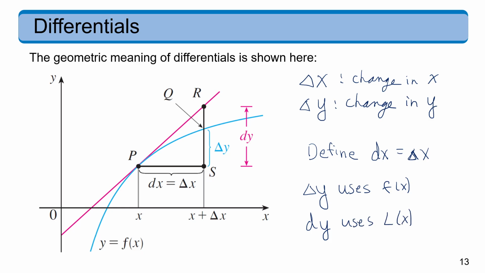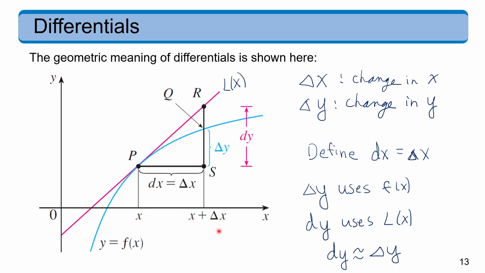Right, so here, that's our L of x, the pink line or the red line. Okay, so again, the idea is dy is an approximation to delta y, where we've used the tangent line in place of f of x to calculate how much the y value moved when we changed from one x coordinate to another.